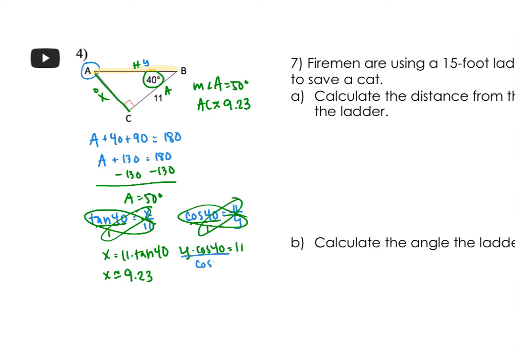Divide both sides by cosine 40. 11 divided by cosine 40, you get about 14.36. So AB is 14.36.